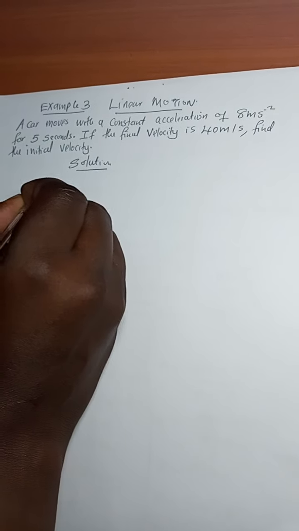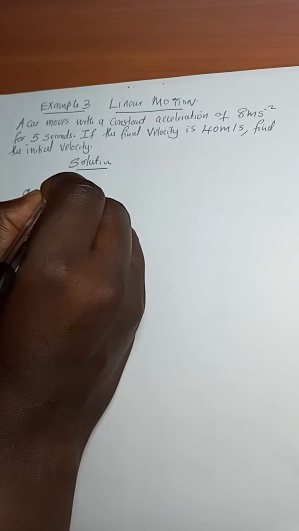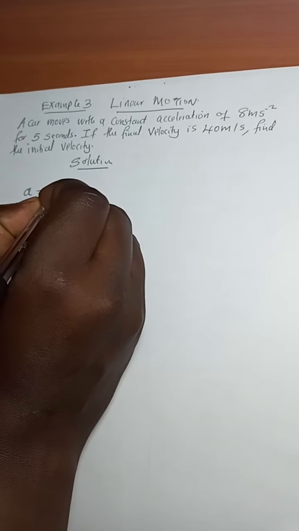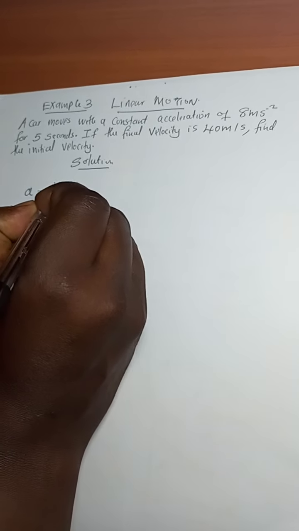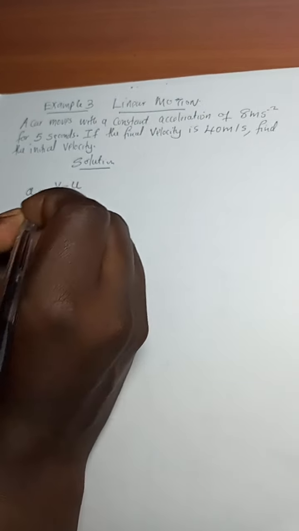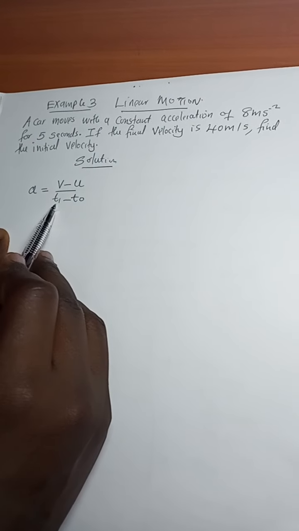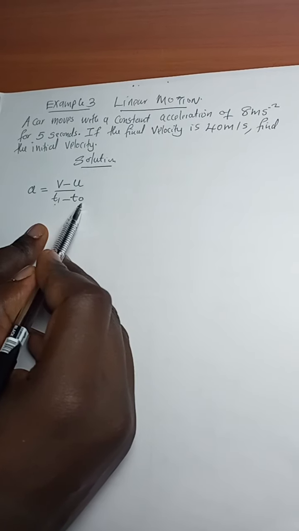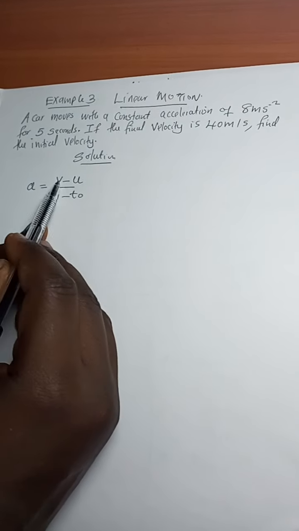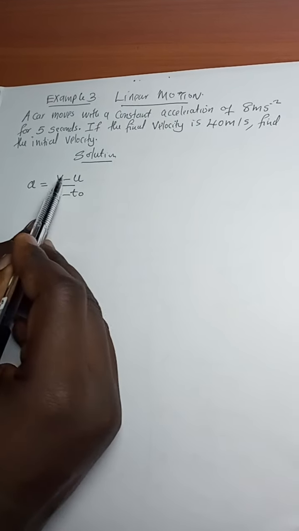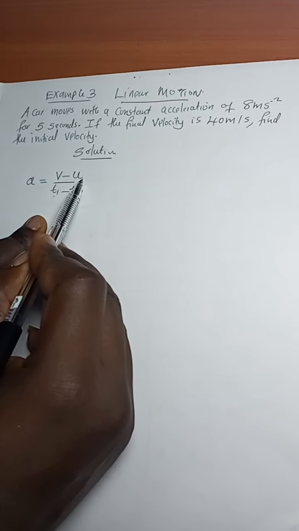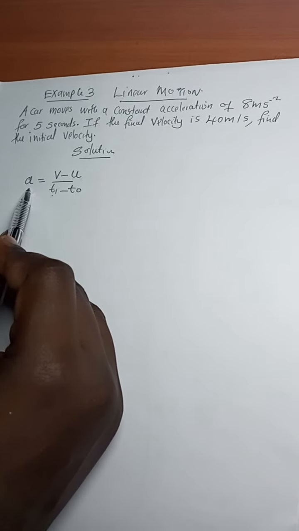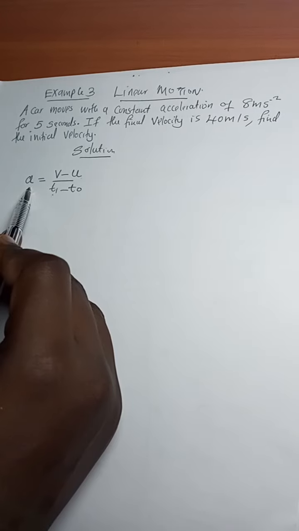So we learned that acceleration a was given by v minus u divided by t1 minus t0, where t1 here is the final time or the end time, and t0 here is the initial time. v here is the final velocity, u here is the initial velocity, and a here is the acceleration.